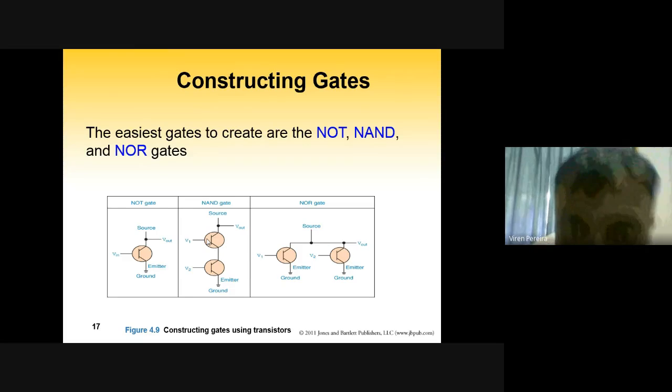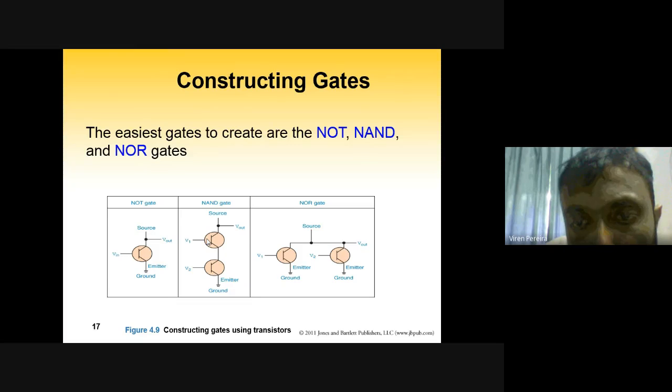In the same way, we have a NOR gate. Your source is on top, and now both the transistors are basically in parallel. Before it was in series. Remember that. Now it is in parallel, and your V output is taken on that parallel bar. Now you have your source and emitter for transistor 1 and transistor 2.